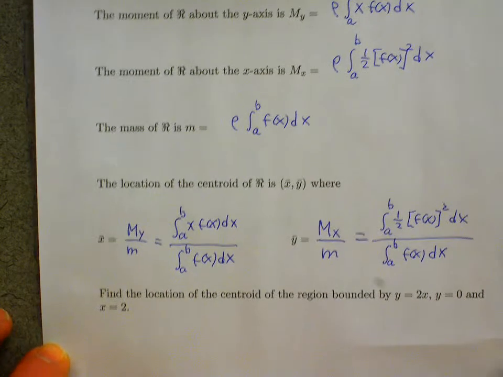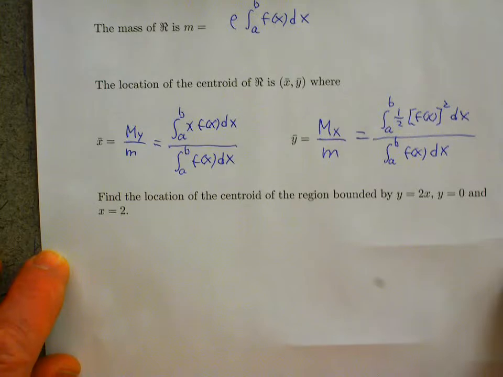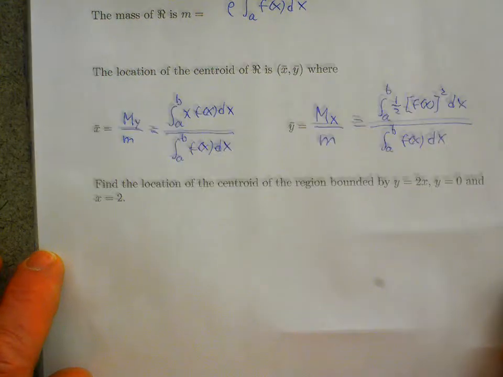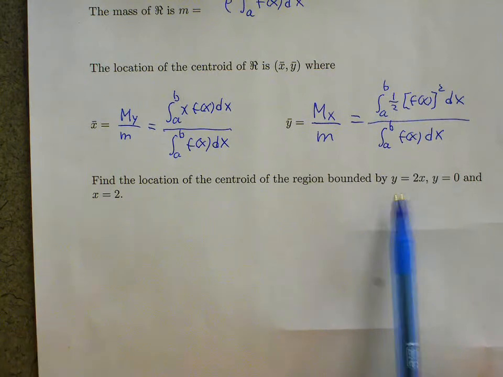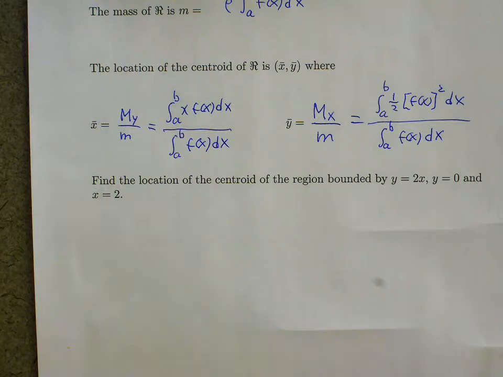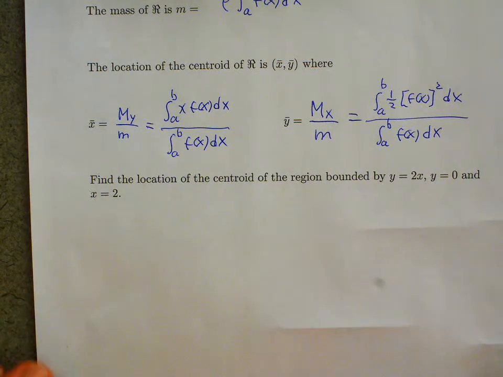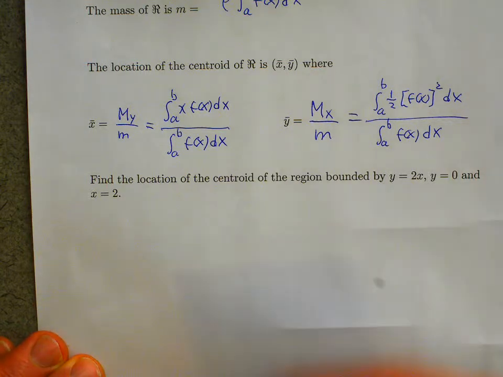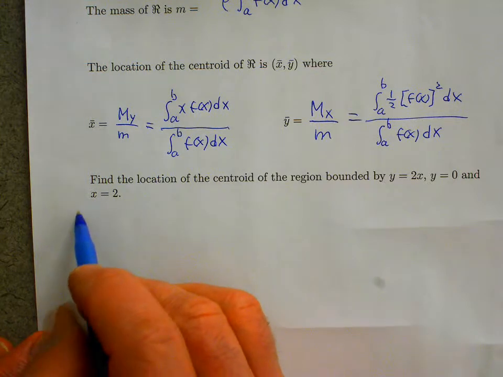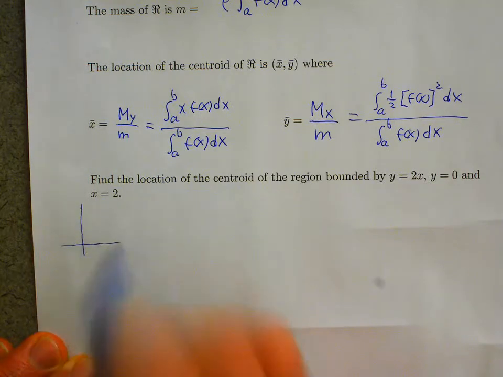So we'll do a couple of practice problems. On this one, find the location of the centroid of the region bounded by y equals 2x, y equals 0, and x equals 2. So I might need more space than I have here, but we'll just do a little sketch of the region.